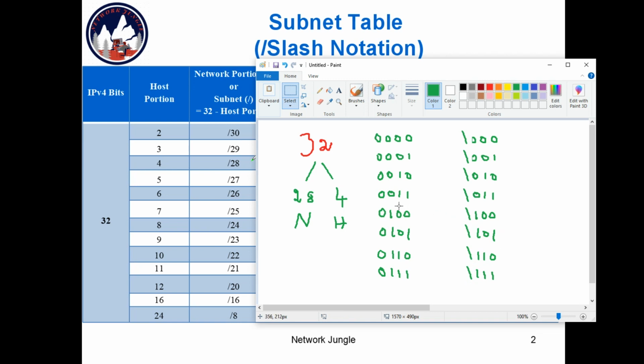The number of bits in the host portion is 4, so the combination is 2 power 4, which equals 16.